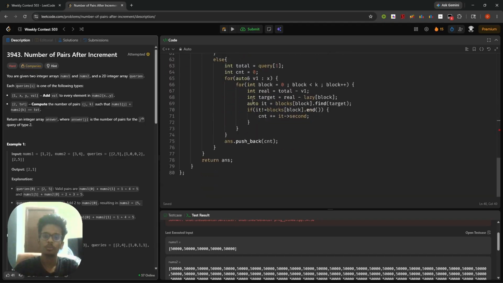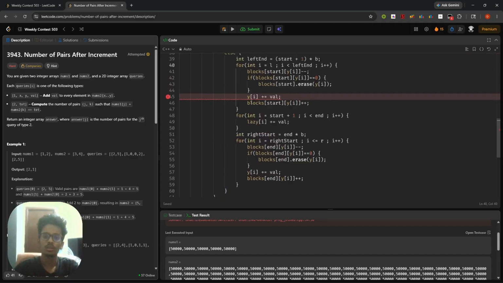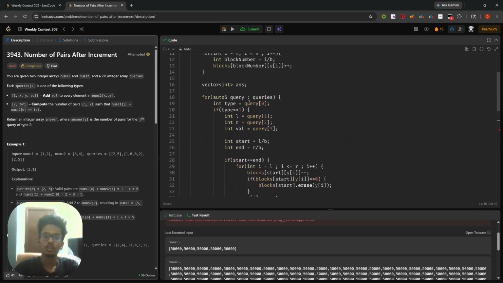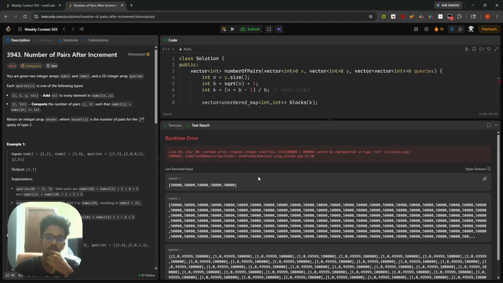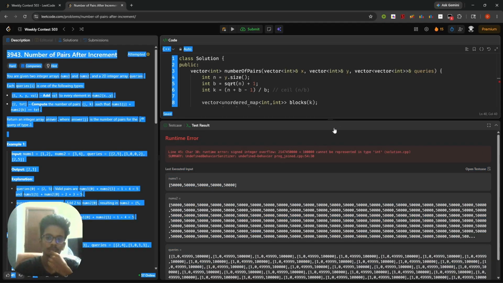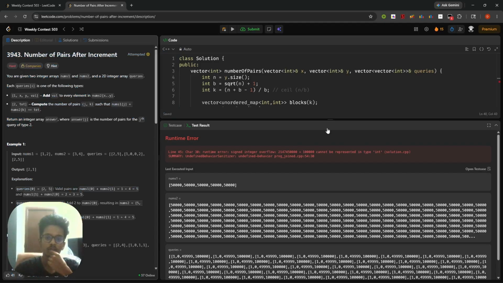Okay, so how about converting this to long long? But still it isn't supposed to give integer overflow. Or maybe it can. Can long long handle this?